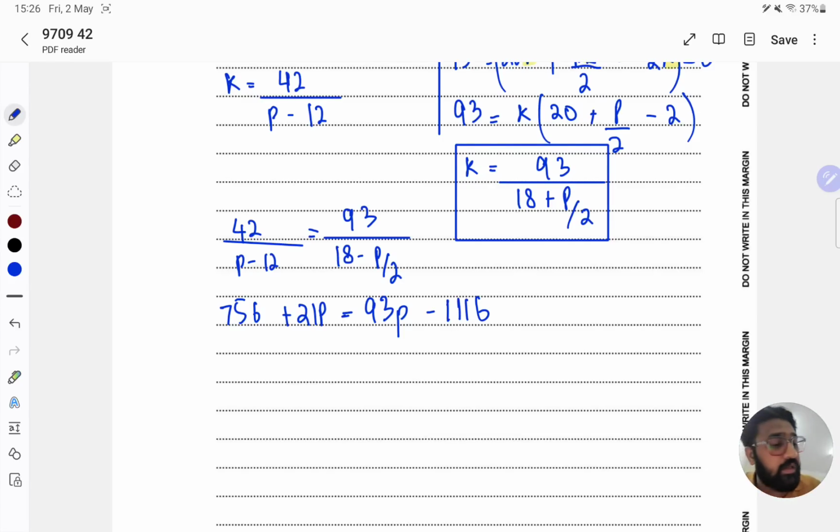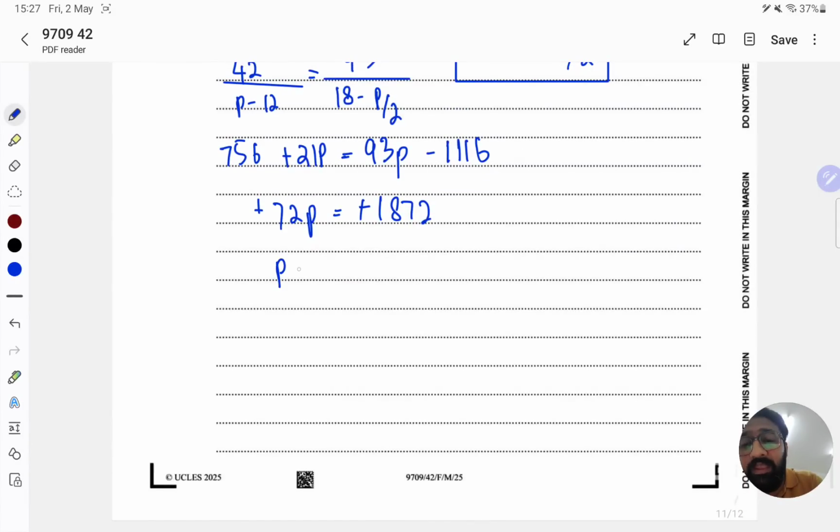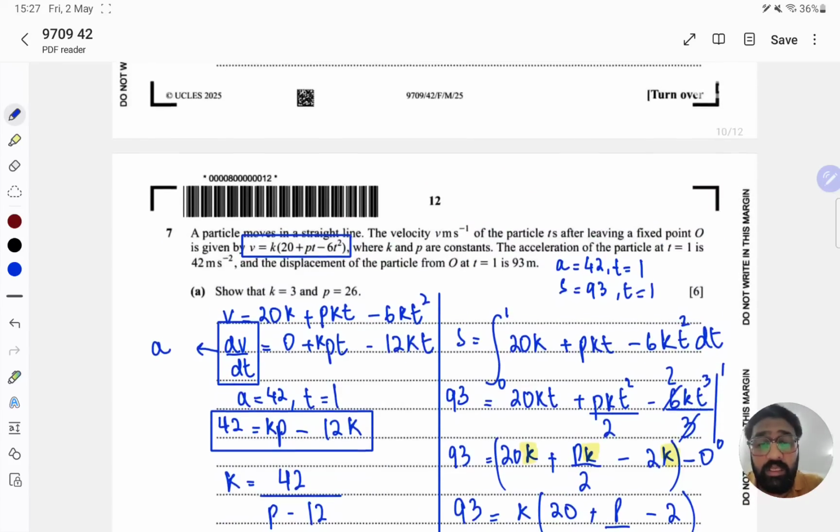Collect the like terms. 21 minus 93 is minus 72p, equals minus 1116 minus 756, which is minus 1872. Simplify them both, so the value of p will be 26, and I think this is what he was saying in the question.